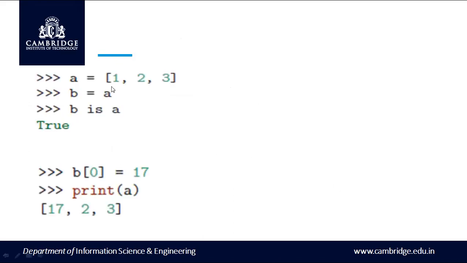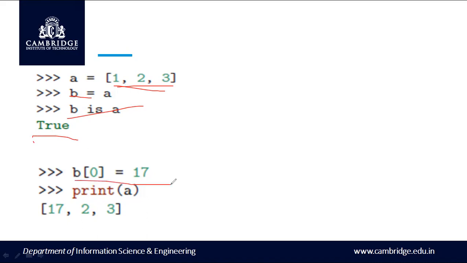Here you can see A is a list consisting of the elements 1, 2, and 3. For B, we assign the elements of A to B. When we compare both, B is A returns true, because you are assigning both A and B to the same list. You are not creating another list, so the object IDs match here.